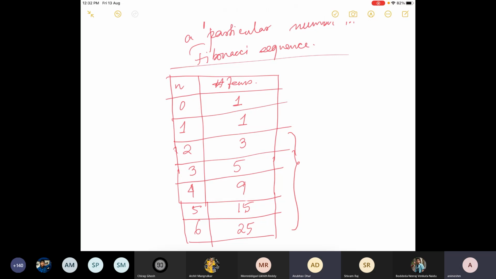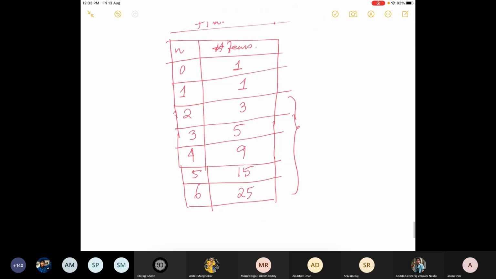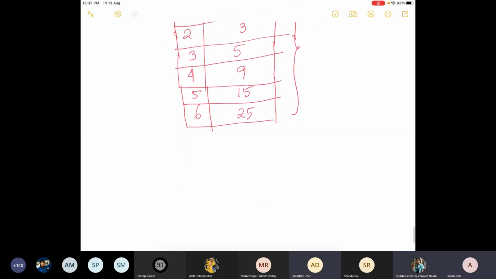Suppose I give you this table and you don't know anything about Fibonacci numbers. I give you a few more numbers in this table. As a data scientist, so you know data science has become very, very hot, can you find some pattern? The numbers keep increasing by 1, 4, 8 also.